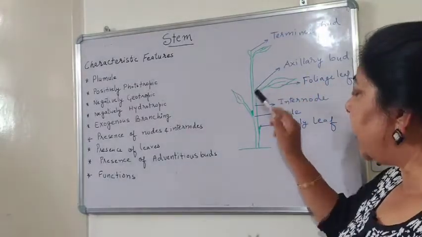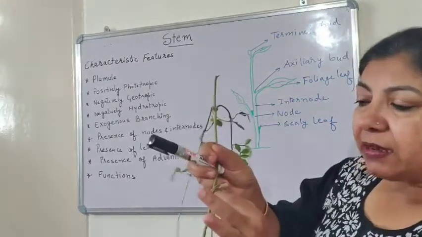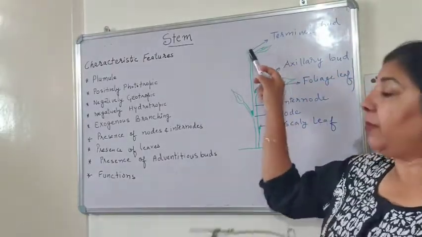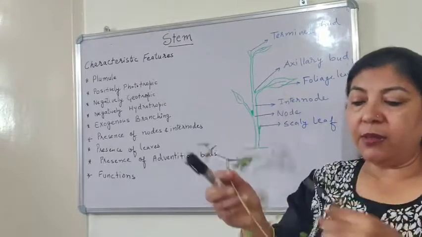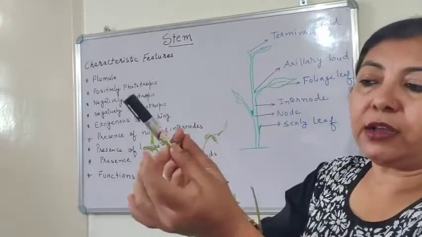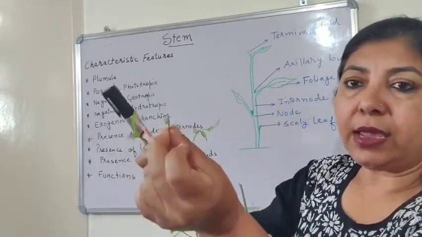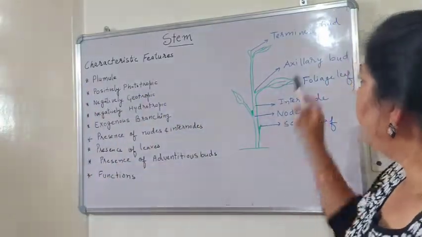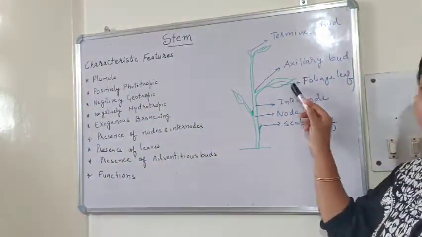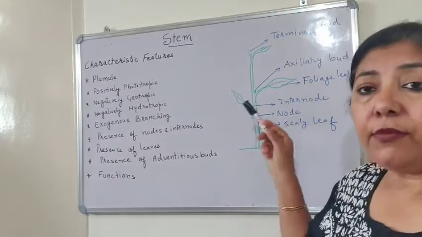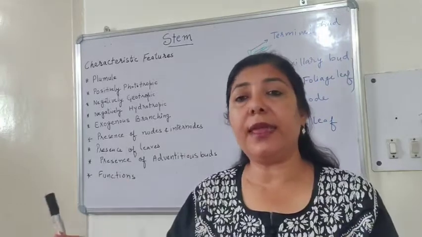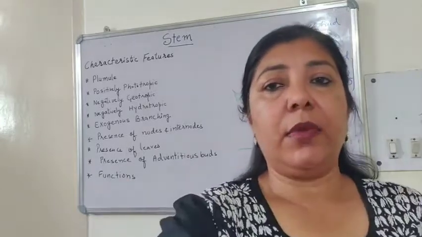The buds which are arising from the axil, they are called as axillary buds, and sometimes the terminal buds are also there. This is a terminal bud. Okay, this is a terminal bud. So there are buds. So it will always have the leaves, foliage leaves or scaly leaves. So these are the general characteristics of the stem.